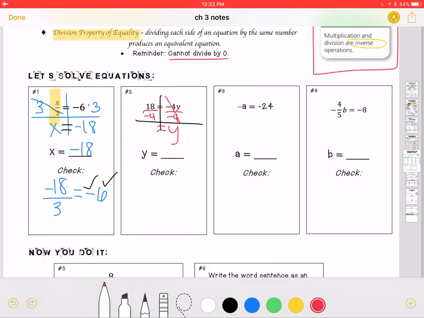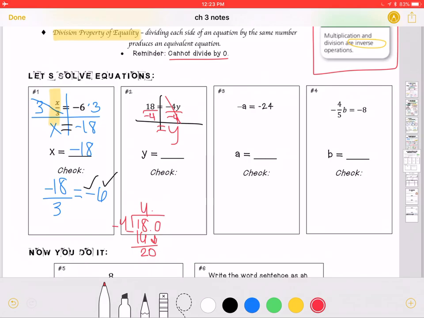You can divide and show your long division off to the side on scrap paper. 18 should be in the box, negative 4 on the outside. So let's do this division. 4 can go into 18 4 times. That's 16. 18 minus 16 is 2. Add a decimal, add a 0.